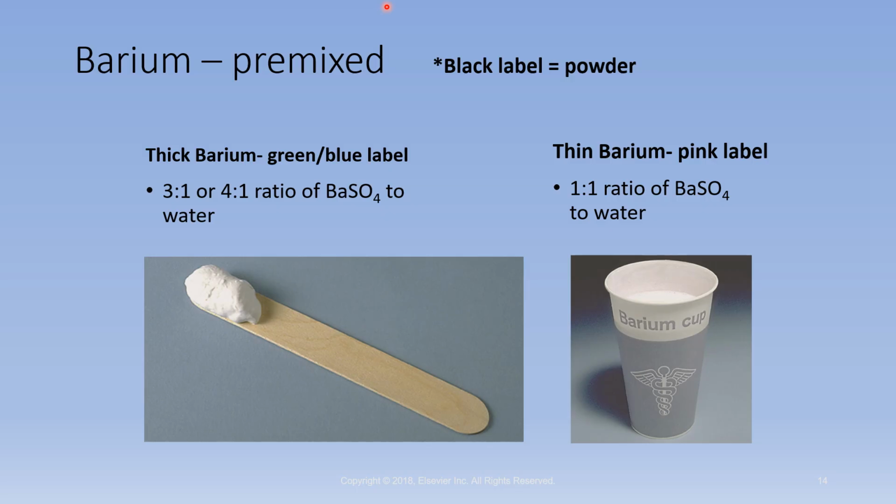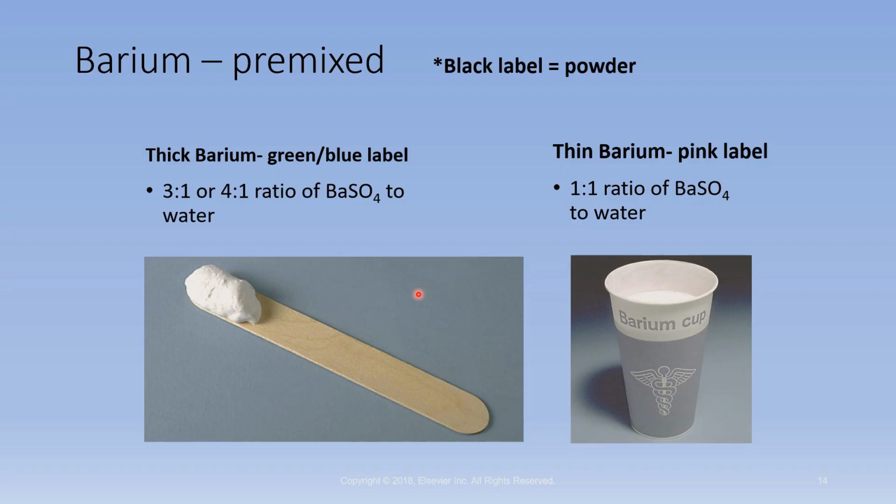So some of them do come in a liquid form, which means that it's already mixed together. Some of them come in powder form, and then you add water according to the radiologist's preference of whether they want thin or thick barium. Okay, so this does reference really thick barium. We'll talk about that in a minute.